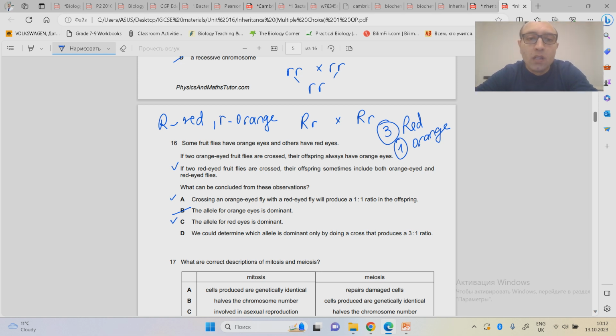Let's look at D. We will determine which allele is dominant only by doing a cross that produces a 3 to 1 ratio. It is also a logical answer. So in here, actually, we don't have a correct answer, let's say. So maybe they wanted to ask which one is incorrect, because as I said, A and C are partially correct for this information.